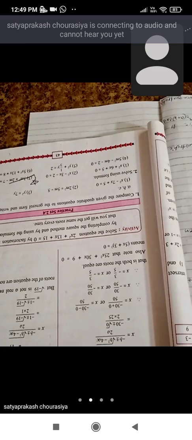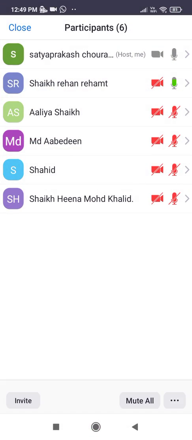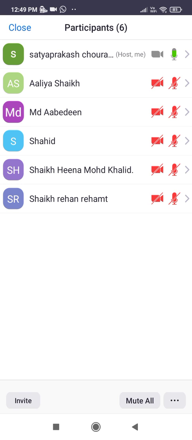See the question number 1. 2.3 is omitted. जो 2.3 है वो पोर्शन में नहीं है इस साल के. ओके, अंडरस्टूड? उसमें जितने भी क्वेश्चंस हैं, all questions are cancelled for this year.